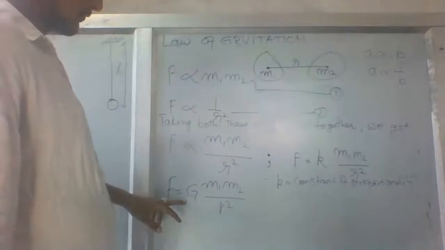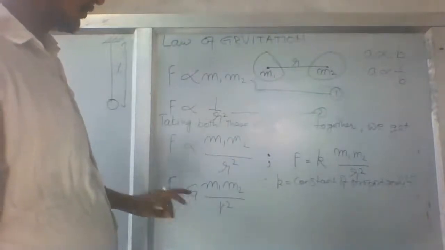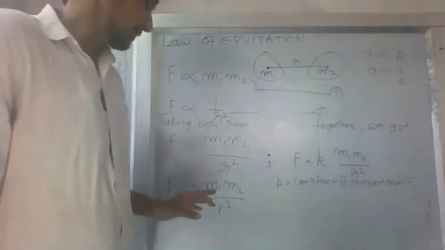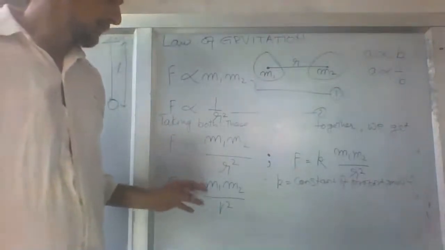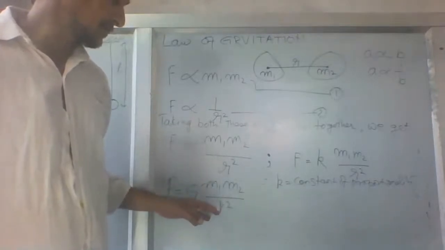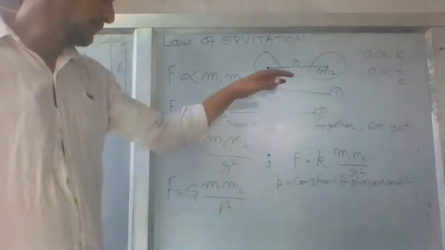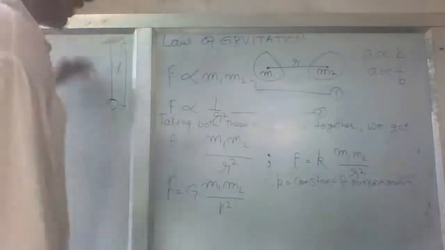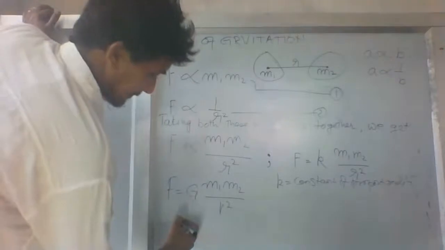What is this G? This is a constant, the gravitational constant. Law of gravitation: force is equal to the product of the masses upon the square of the distance between the two. So what is this G? G is called the gravitational constant.